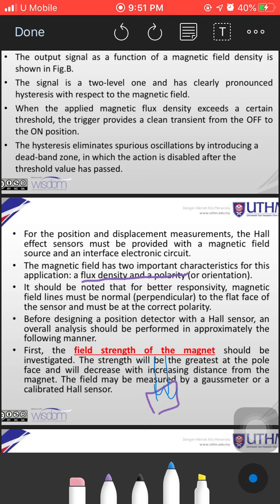We need to make sure that the magnetic field is perpendicular to the surface that we need to measure. Alright, and then another one, it must be in the correct polarity.